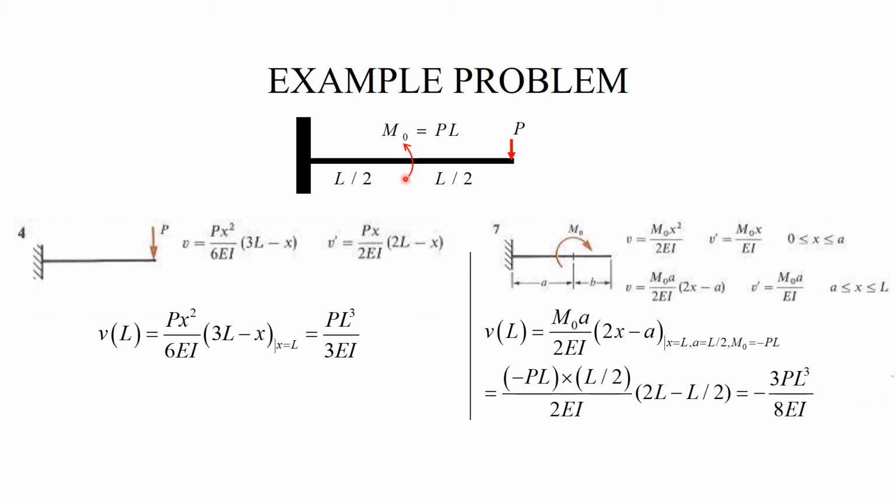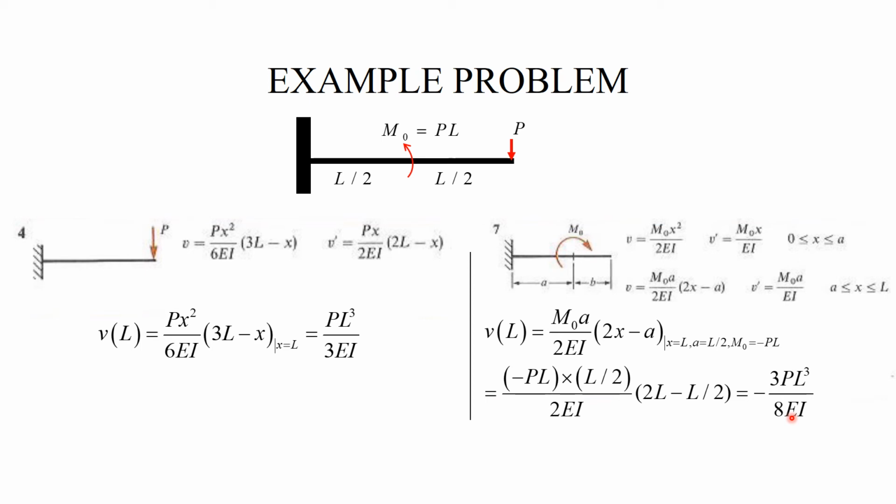The reason is that my moment is counterclockwise. The moment used here is clockwise. So I put minus PL, and as a result, I obtain this value for the displacement.